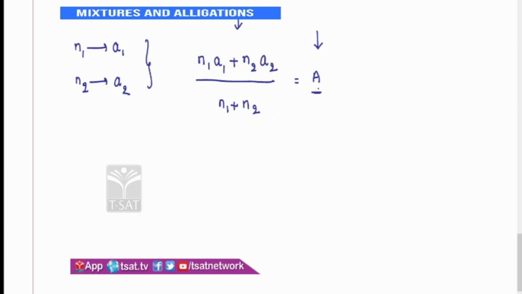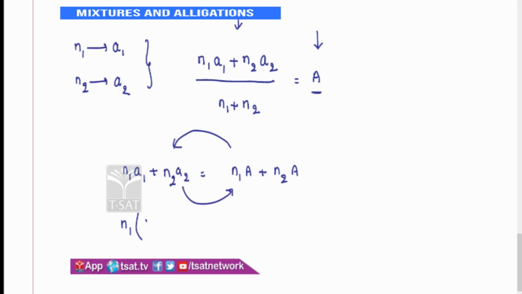If you wish to find the combined average, it will always be N1 A1 plus N2 A2 by N1 plus N2. How do I explore this formula further? Cross multiply N1 plus N2 and send it to that side. It becomes N1 into capital A plus N2 into capital A. Further, bring N1 here, N2 to that side.